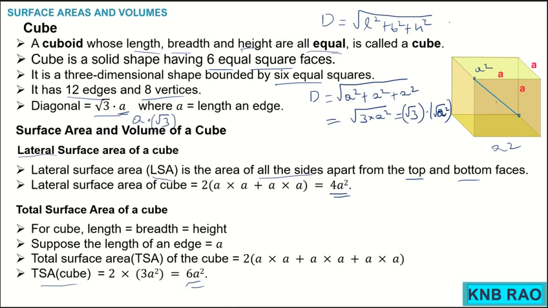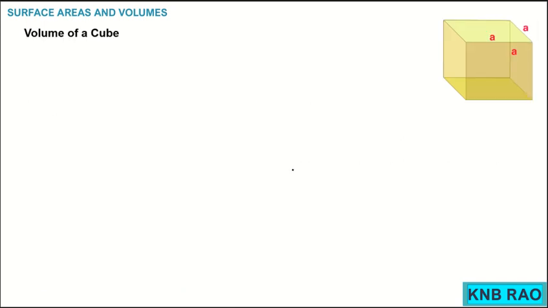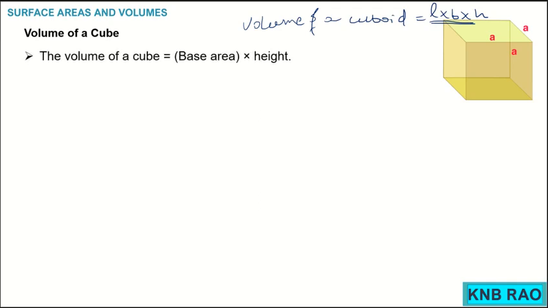Now, what would be the volume? See children, volume of a cuboid, you know it as length into breadth into height. Here length, breadth and height are the same. So, A into A into A, it gives you a cube.